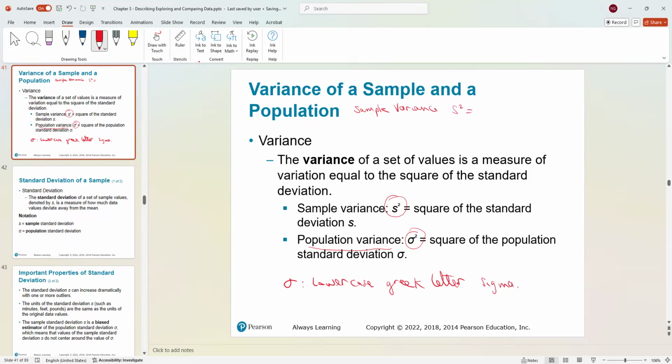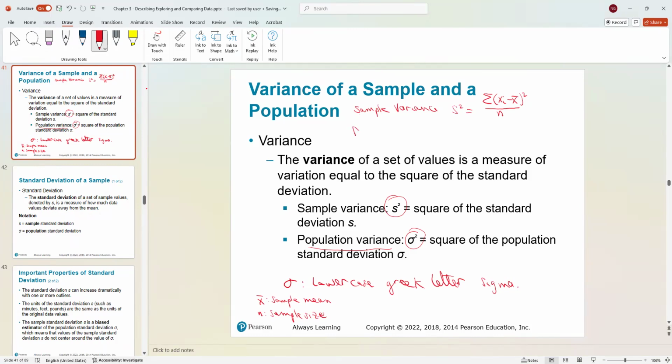When you do it for the sample, it is a little bit different: it's the summation of xi minus x bar squared, over n minus 1. Remember, x bar is the sample mean, n is the sample size, and xi is each data value in the data set.